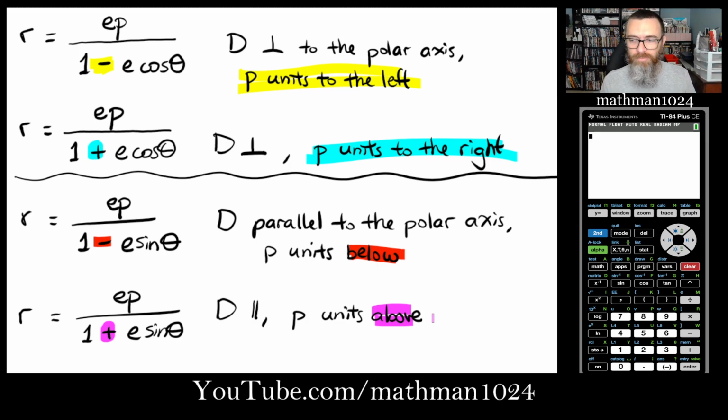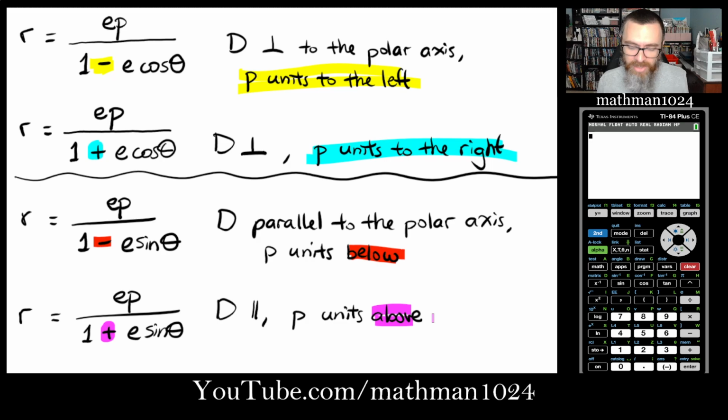Sine, you think about that in terms of y. So think about moving your directrix up and down. A minus is going to move it below the polar axis. Plus is going to move it above. If you have y equals, that gives you that horizontal line. So you make those connections, and that should make things pretty simple in terms of figuring it out.